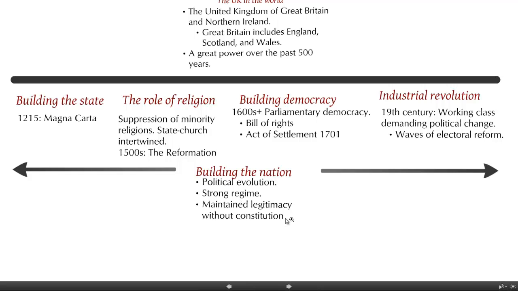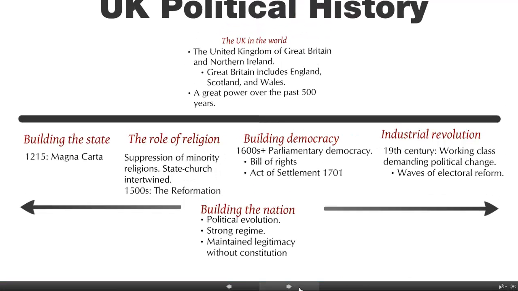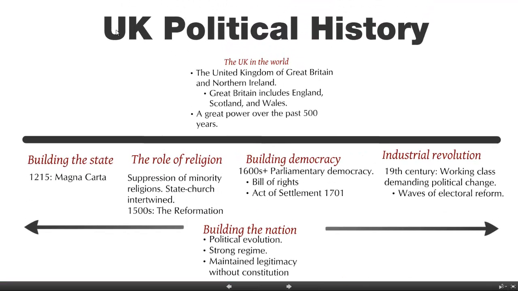And that makes the United Kingdom uncommonly stable for a political system and a regime, particularly if we compare to what has happened in the rest of Europe. So that's an overview of the political history of the United Kingdom, and I hope you found that useful.